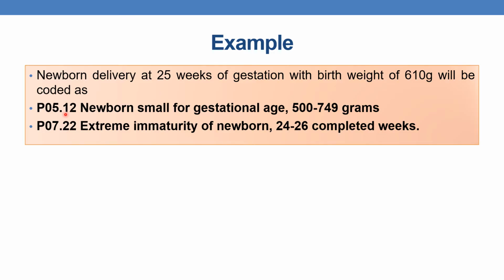And this code, newborn small for gestational age, low birth weight, can be present throughout the life of that particular patient. If this condition is responsible for any complication, you can code this irrespective of the age of the patient.